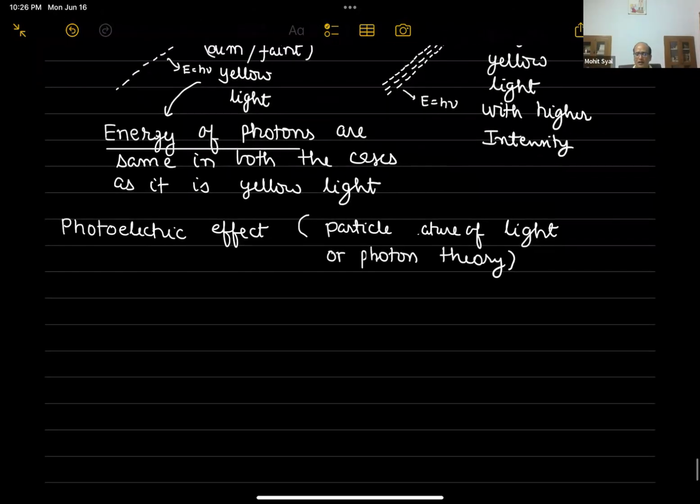Albert Einstein studied this phenomenon, the photoelectric effect. It means that suppose you take a metal, and when the metal surface is irradiated with light, it is being continuously hit by a stream of photons.